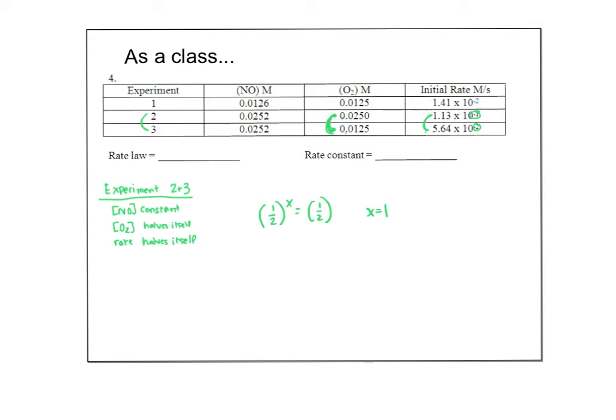Now let's look for where NO changes. So for experiments 1 and 3, the concentration of NO doubles. The concentration of O2 is constant.